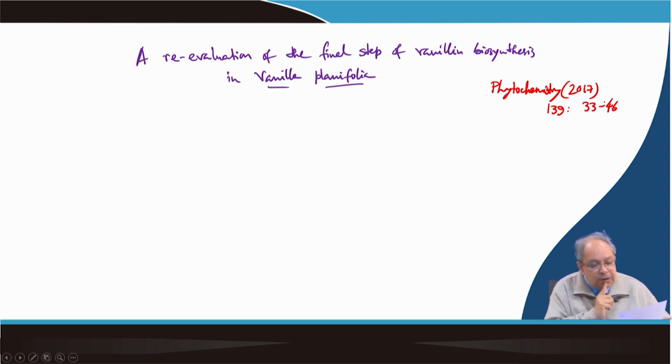What they basically did was challenge the Nature Communications paper, and they said, let me read it out, you listen. A recent publication describes an enzyme from the vanilla orchid Vanilla planifolia with the ability to convert ferulic acid directly to vanillin.